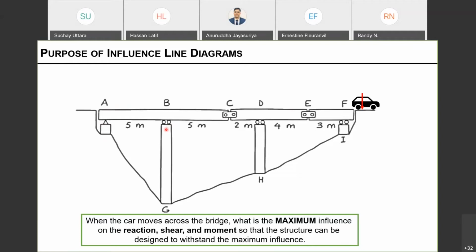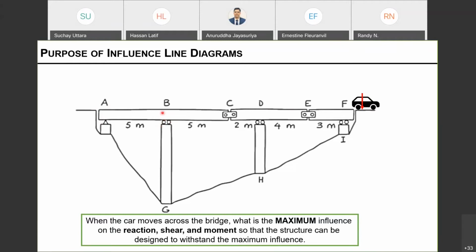The basic idea of an influence line is that you place a unit load. Let's say this is one kip, okay? Just pretend that this is one kip, and then you move along a certain member, let's say a girder, and see the variation of these reactions. That is in terms of reactions.